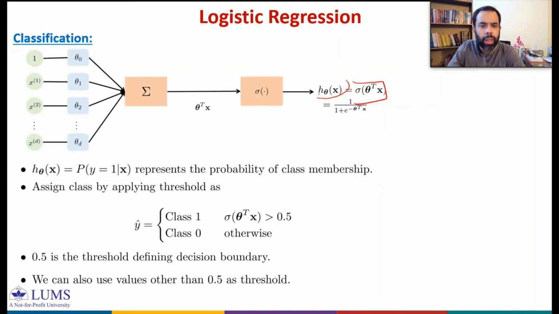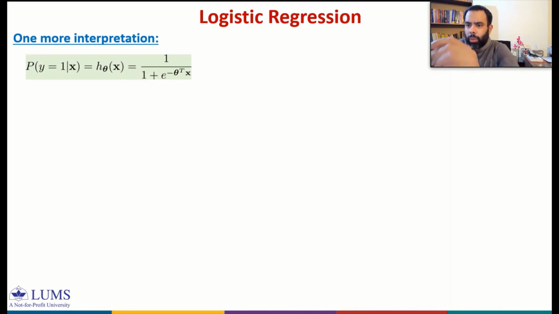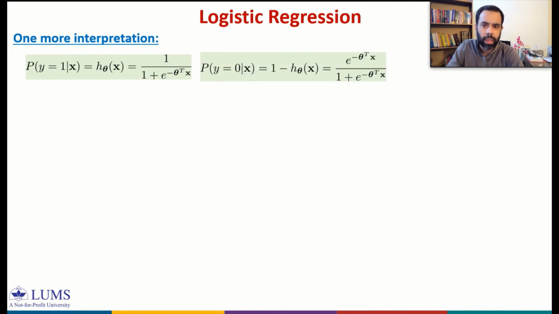One more interpretation of logistic regression. We know that the probability of y equal to 1 given x is h theta of x. If I ask you what is the probability of y equal to 0 given x, that would be 1 minus h theta of x. And if you do some algebraic manipulation, you can write this as 1 minus h of theta in this form.